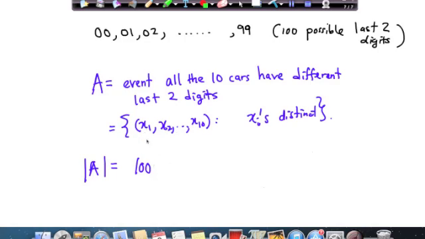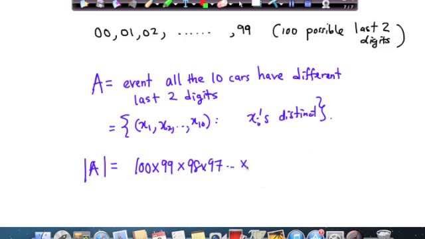After x1 is chosen, we want x2 to be different from x1, so there are 99 ways to choose x2. Having chosen x1 and x2, the number of ways to choose x3 so that it is different from x1 and x2 is 98, and so on.